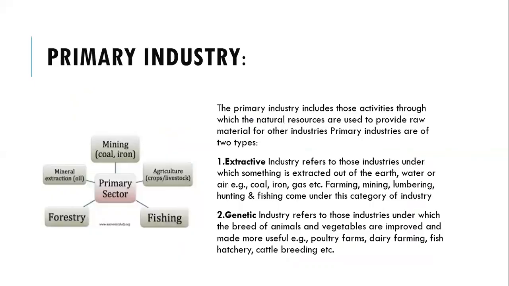Now talking about primary industry. Primary industries are basically those industries, as I told you, through which natural resources are used to provide raw materials for other industries. For example, milk. Dairy farming, or genetic as we call it, is part of the genetic industry.